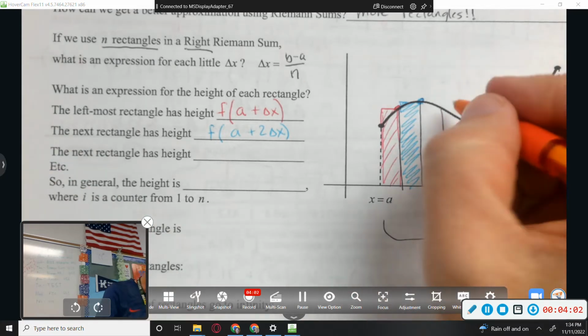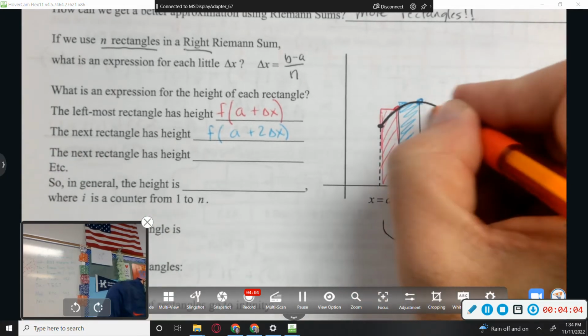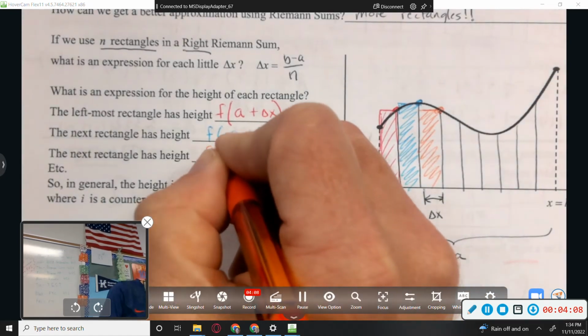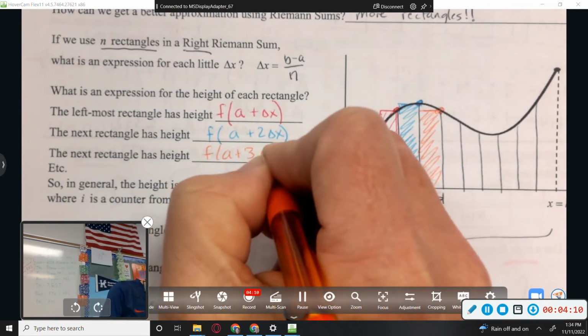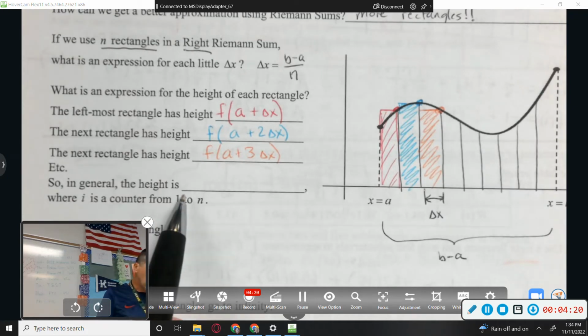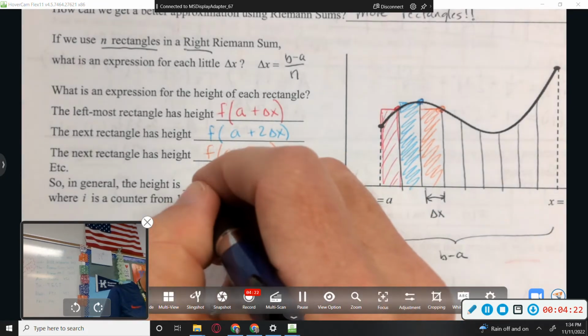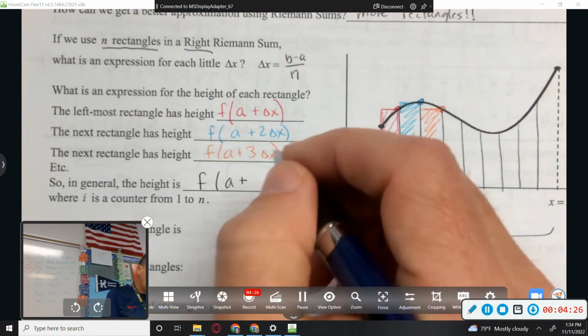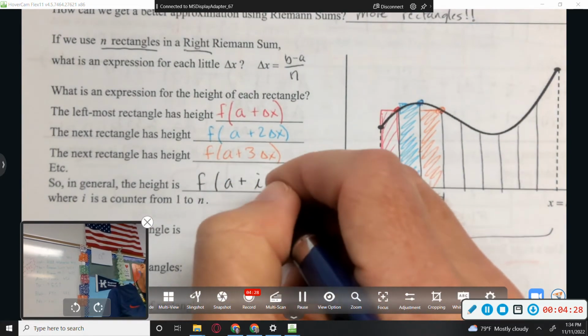The next rectangle, f of a plus 3 delta x. Huzzah. Dot, dot, dot. You get the idea. We don't need to do all of them. So in general, the height is f of a plus some multiple of delta x.